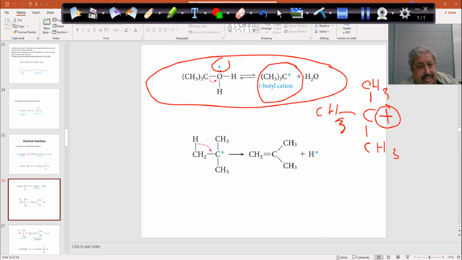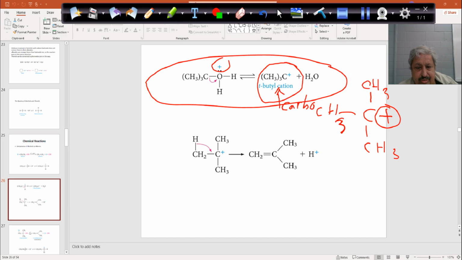Some textbooks take the carbo out and say cation, but other textbooks add carbo because you specify this is a carbon cation.